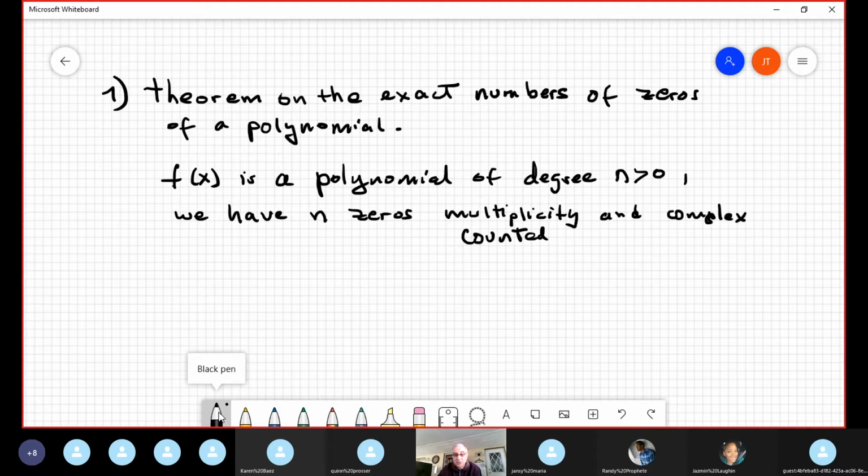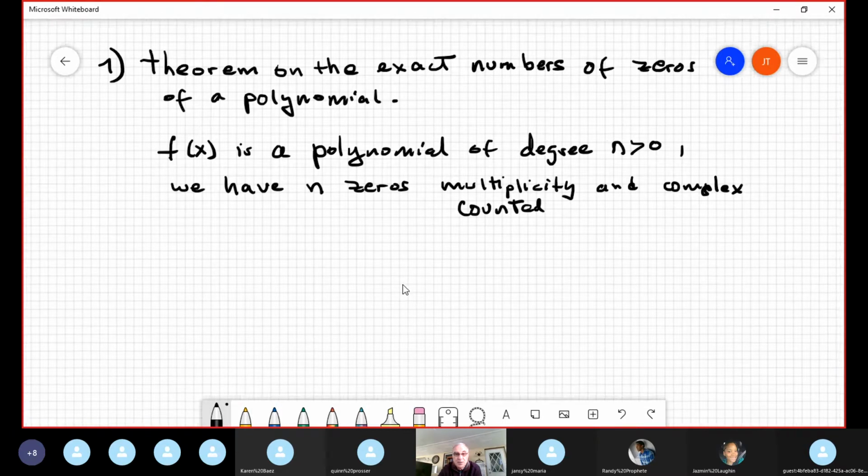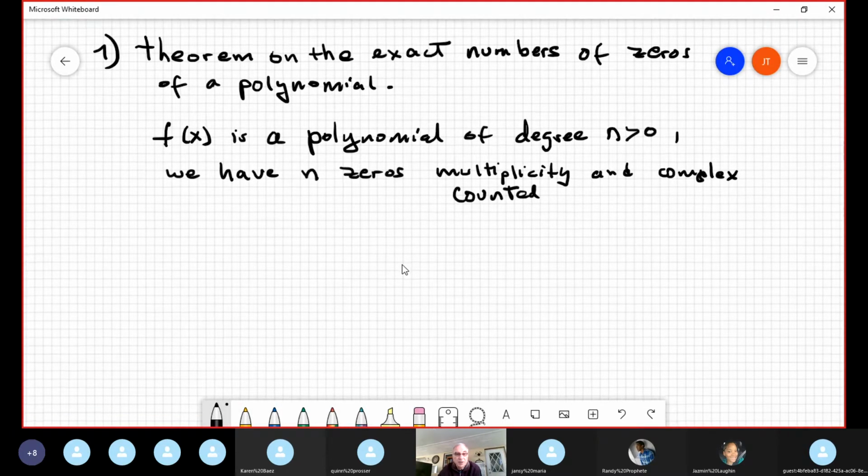Let me explain in one easy way. Suppose que I spend a lot of time and investigate one polynomial. In the last moment, we have 0, 0, 1, 1, 1, 2, 3 plus and minus 4i.